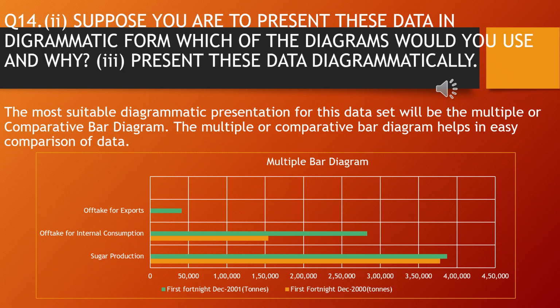Here we find the multiple bar diagram, where on the y-axis we have presented the items, which are offtake for exports, offtake for internal consumption, and sugar production, and the values are presented on the x-axis in tons. So we present this in comparative bar diagram form.